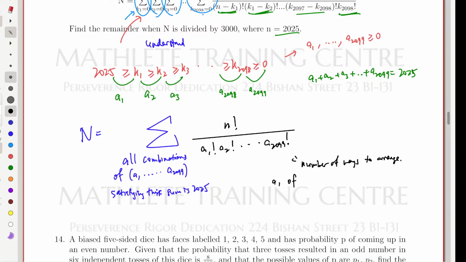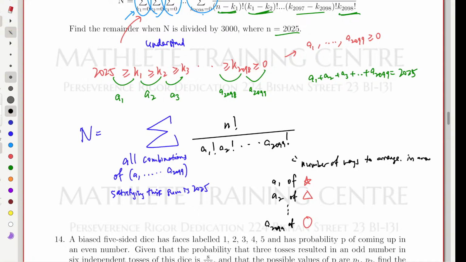Let me give something a name. A1 of, if you want funny shape, let's do A1 of star. Then you want to do A2 of maybe some other shape, A2 of maybe triangle, up to whichever one you want to choose, until A2099 of some random shape again. I don't know what you want at this point. Maybe circle, something like that. Right. So number of ways to arrange all these shapes in a row. Okay. With repetitions, of course. That's why we have to divide by all these factorials, right?